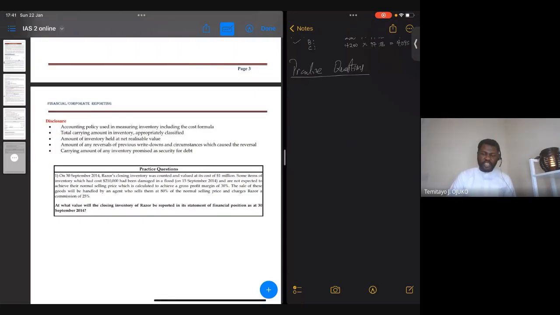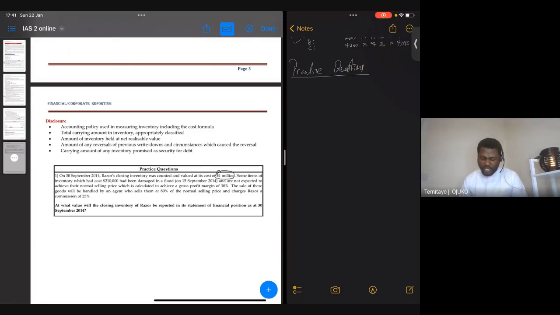Just bear along with me. On 30 September 2014, Razor's closing inventory was counted and valued at the cost of 1 million. Take note of that. It was valued at the cost of 1 million.